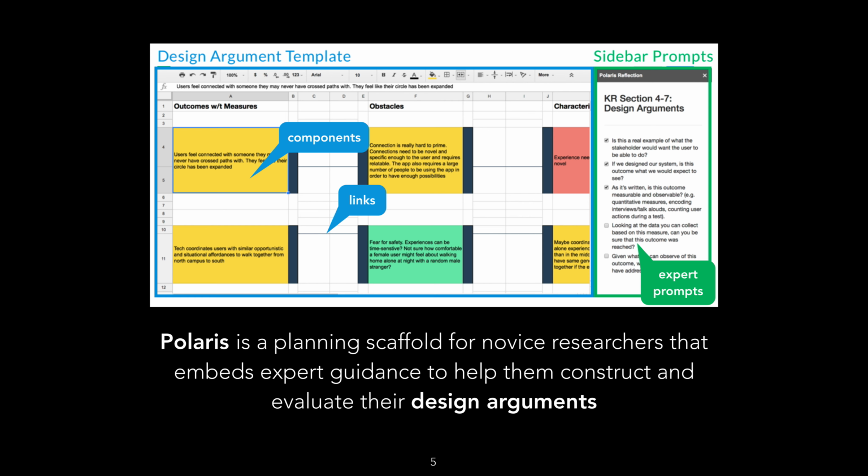These prompts were derived from the questions that mentors found they were repeatedly asking students in these mentoring and coaching meetings. We encoded these questions into prompts that are meant to scaffold students in evaluating their design arguments as an expert would.